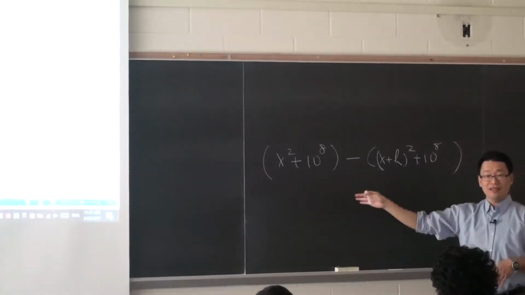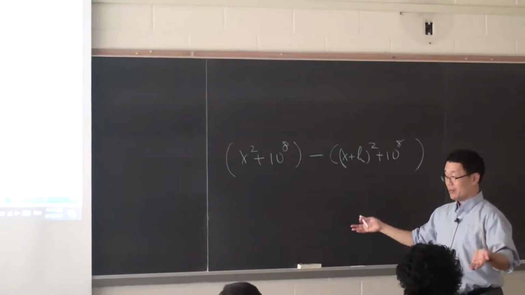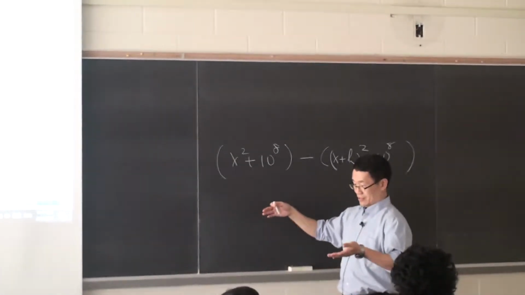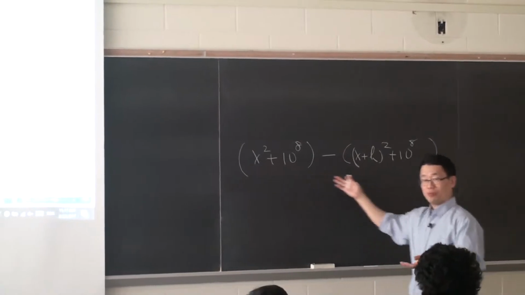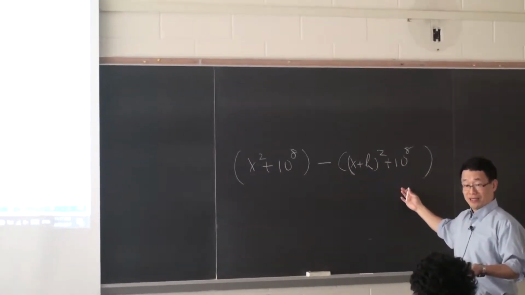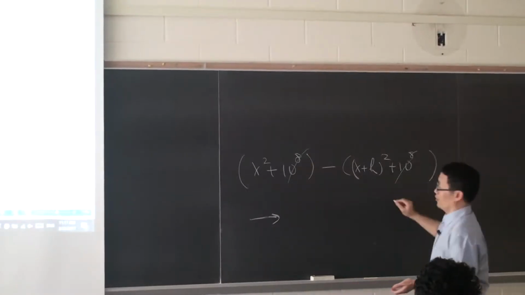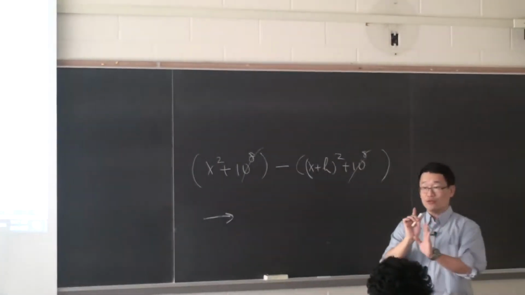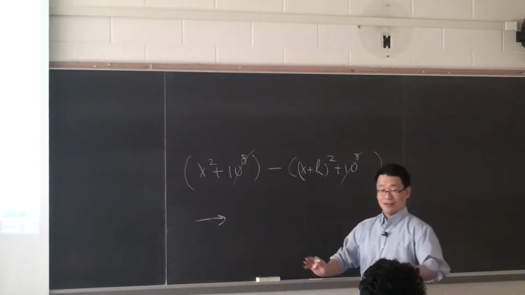If you do this in an interpretive environment, Python and some C++ as well do inline expansion. It will first perform this line symbolically, so that the 10 to the 8th will be cancelled before any computation. This is called inline substitution.